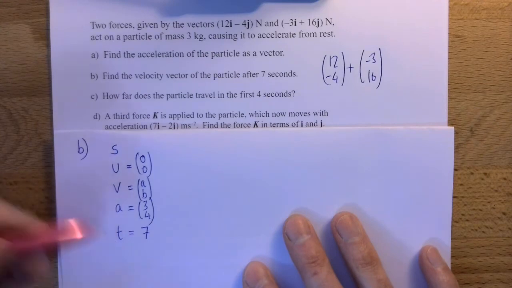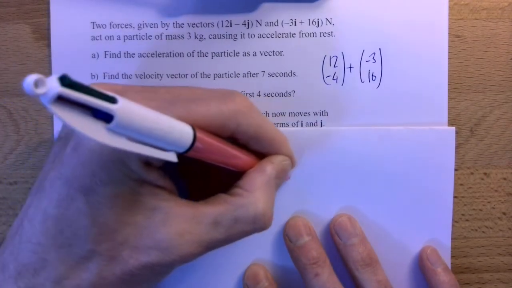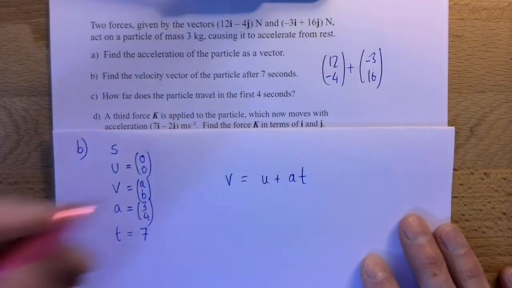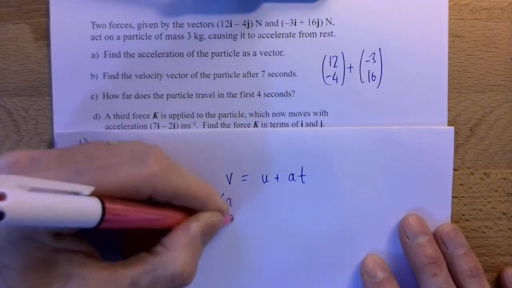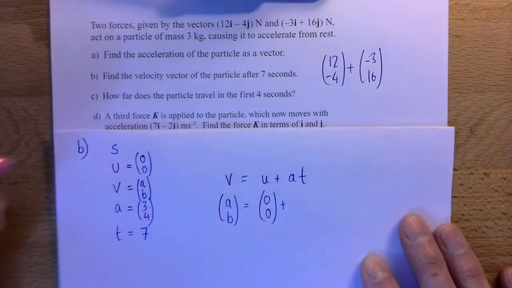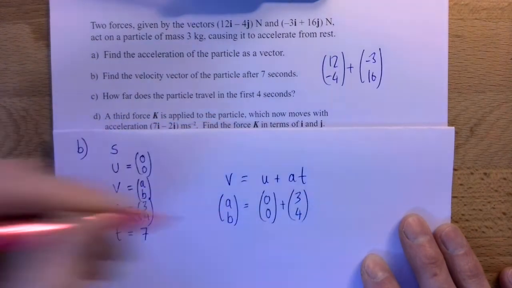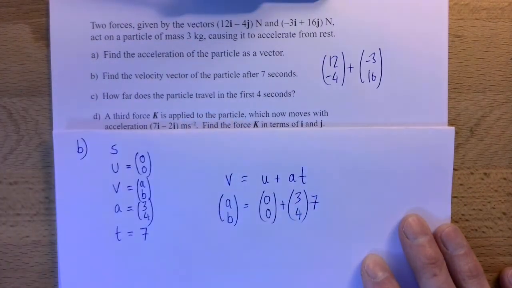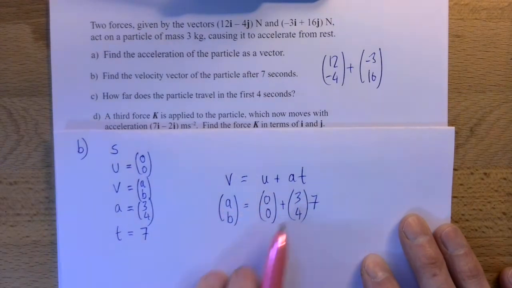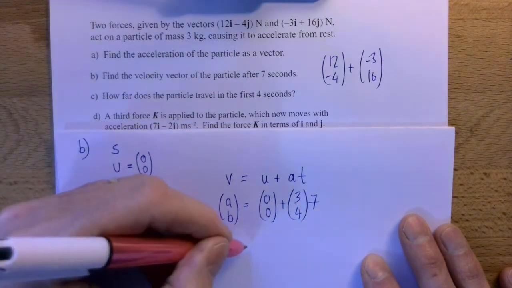So I know that I'm going to use the v equals u plus at SUVAT equation, but I'm going to do it in terms of vectors this time. So I'm going to deal with the horizontal numbers first. So a is equal to 0 plus 3 lots of 7, so that's 21.